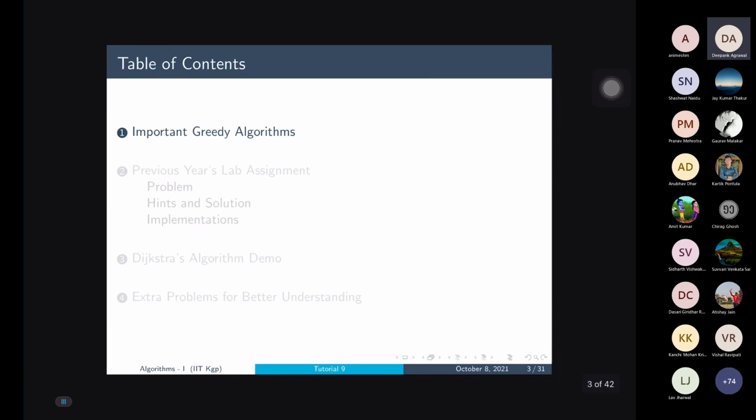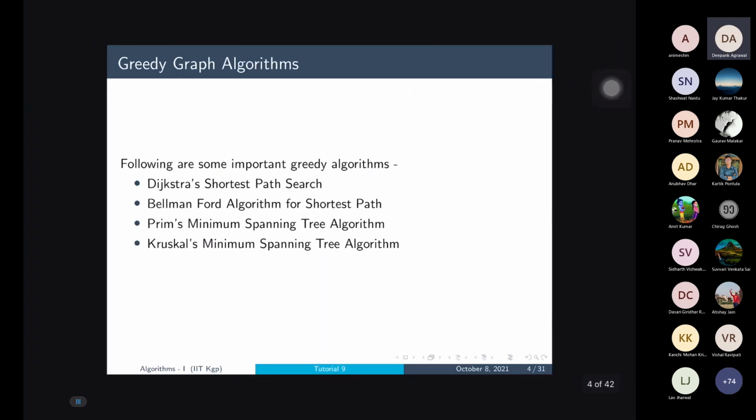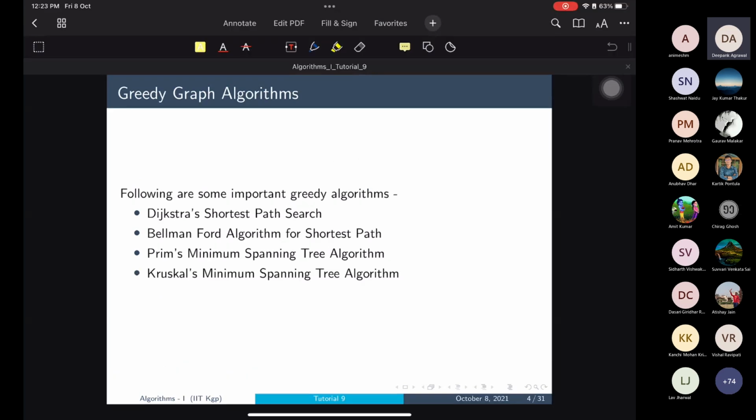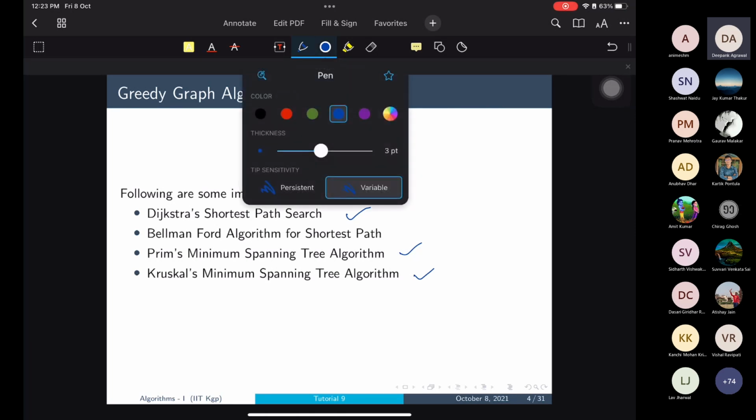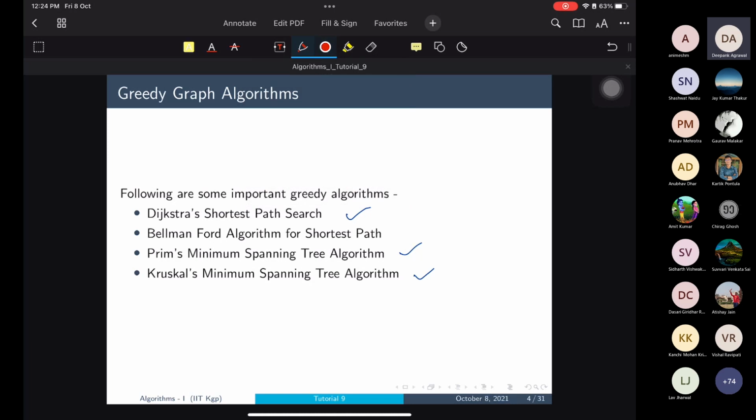So these are a few important greedy algorithms that sir must have taught you in the class. Dijkstra is used for shortest path search from a particular node. Prim's and Kruskal's are used to find the minimum spanning tree. Then there is one more algorithm, which I don't think was covered in the class.